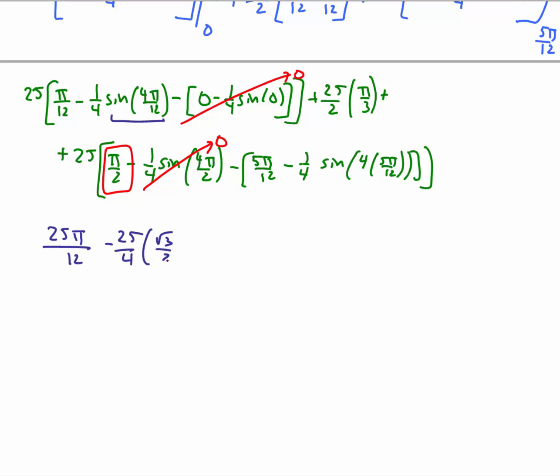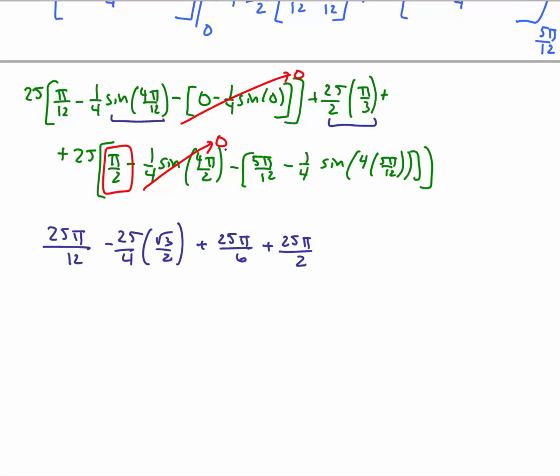So this is going to be square root of 3 over 2. Then over here I have plus 25 pi over 6. It's from right here. And over here I have plus 25 pi over 2. And again, this piece went to 0, so I don't need to worry about that.